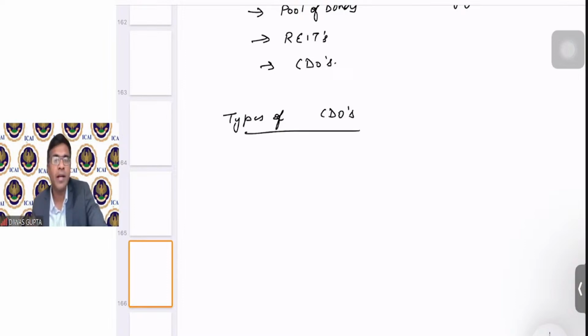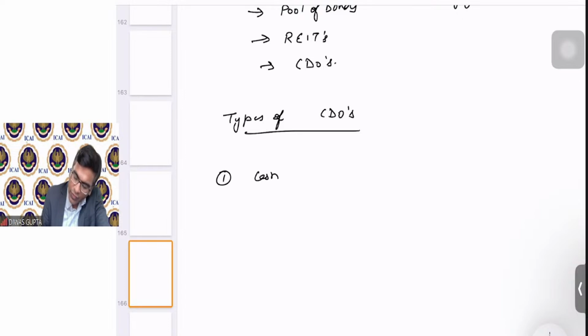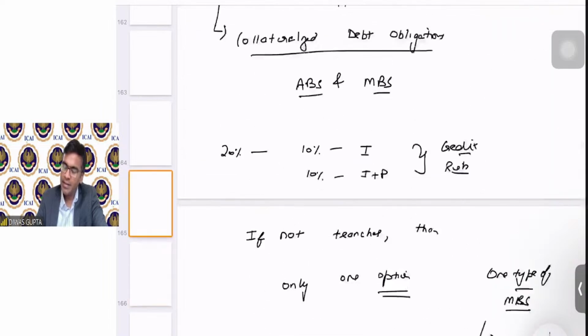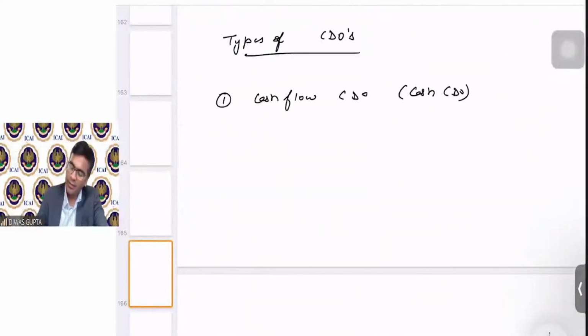Now, we were talking about types of collateralized debt obligations, students. First one is the cash flow CDO. Sometimes it is called cash CDO also. So, students, in this example, there is an originator and there was an SPV.